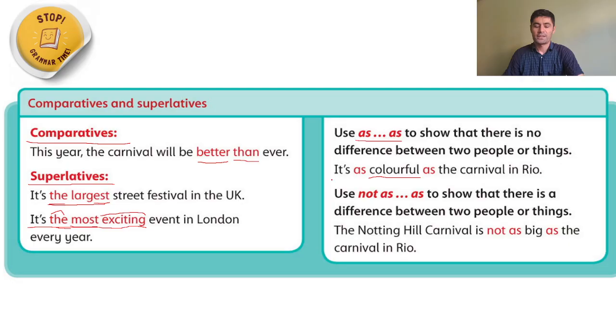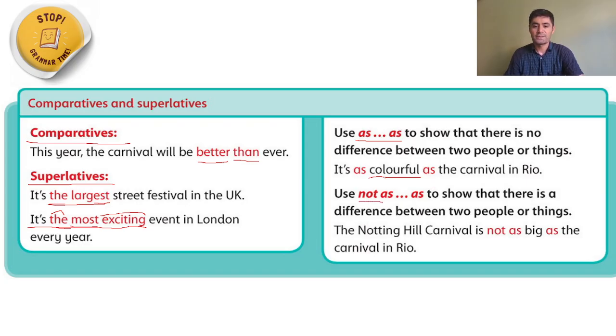So let's take a look at this example. It's as colorful as the carnival in Rio, which means it's similar to the carnival, like it's talking about one carnival that is similar to the carnival in Rio.